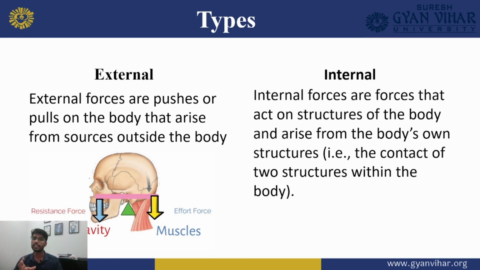The cervical extensor muscles contract to prevent flexion of the head or the head falling down. So the force produced by the muscle is an internal type of force, while gravity and the resistance force are external. I hope it is clear what an external force and an internal force are.